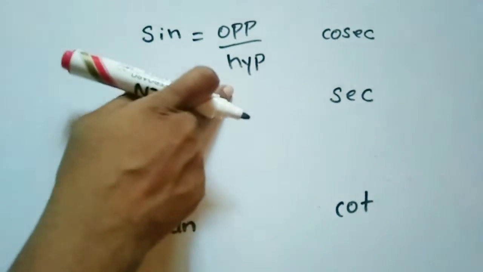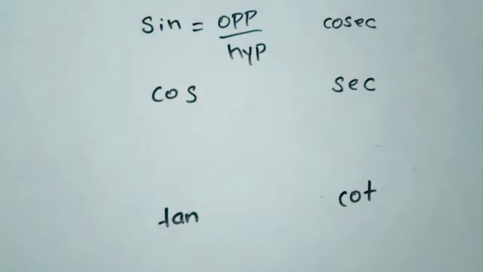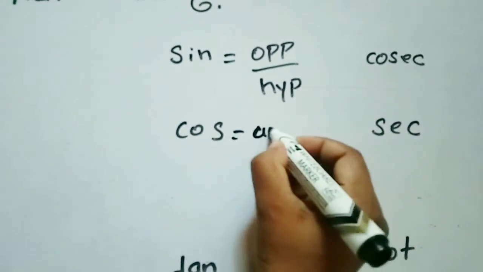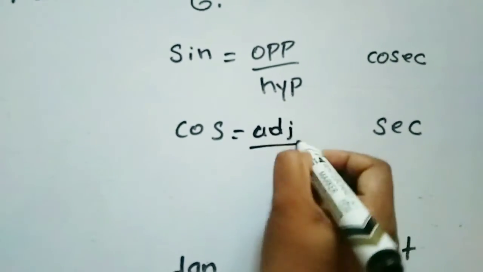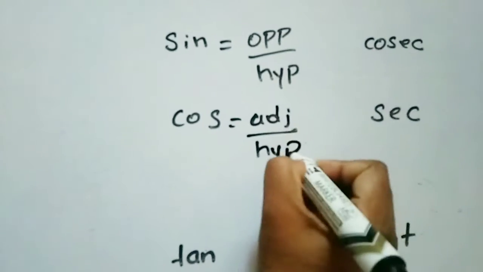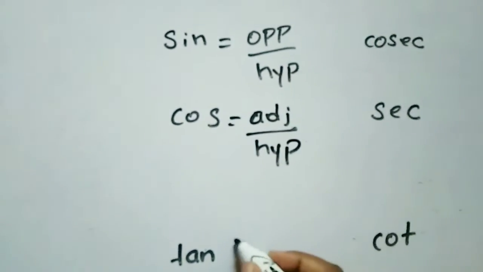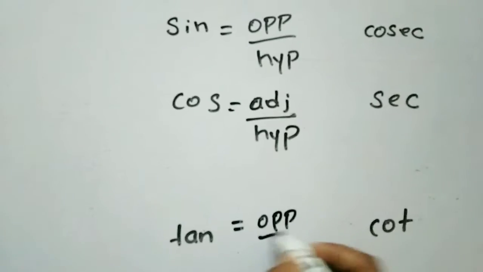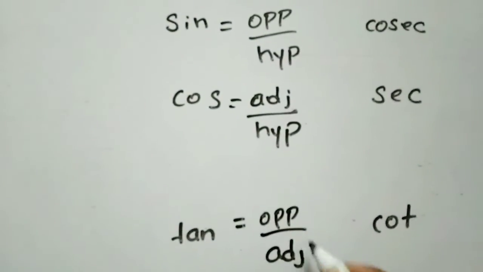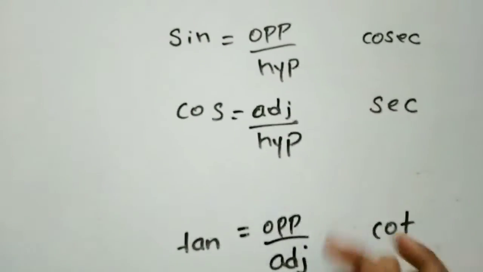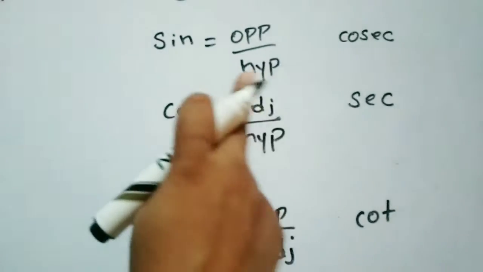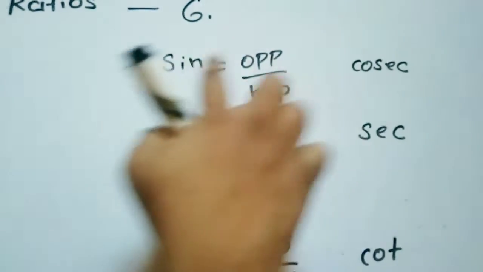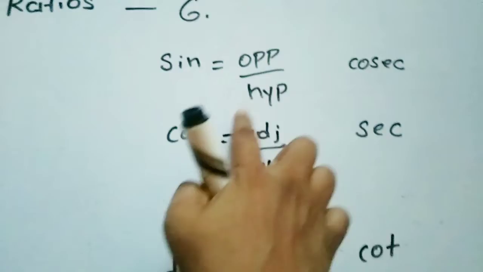Sine ratio is opposite over hypotenuse. Cos ratio is adjacent over hypotenuse. Tan ratio is opposite over adjacent. Cosec, sec, cot, these three ratios are reciprocals of sine, cos, tan ratios.